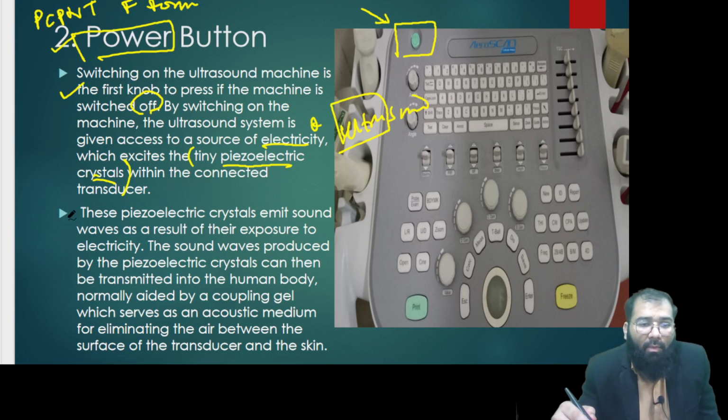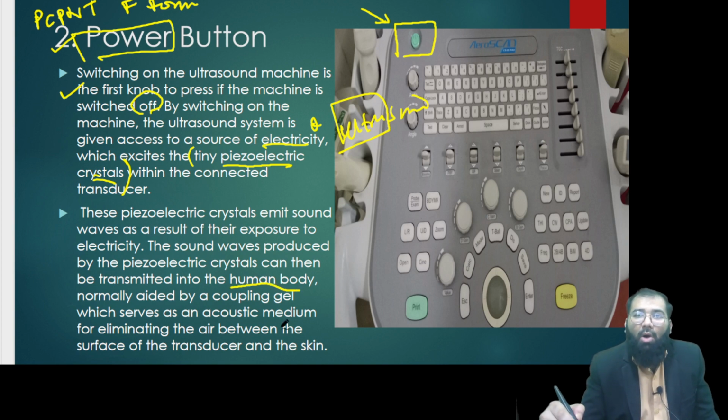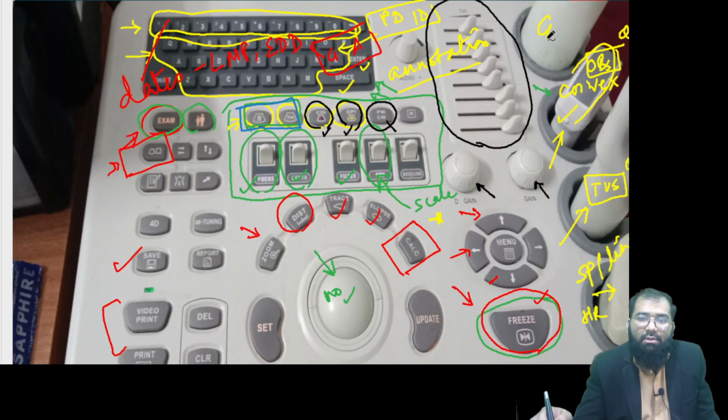Okay, now when these piezoelectric crystals emit sound as a result of their exposure to electricity, the sound waves produced by piezoelectric crystals are transmitted into the human body, normally aided by gel. So very important is the ultrasound gel which is used when it comes to ultrasound imaging. So you have got a jelly bottle here.